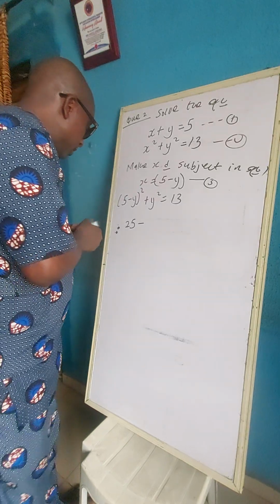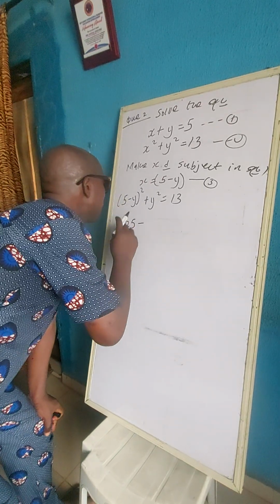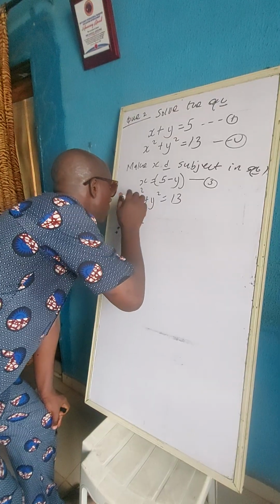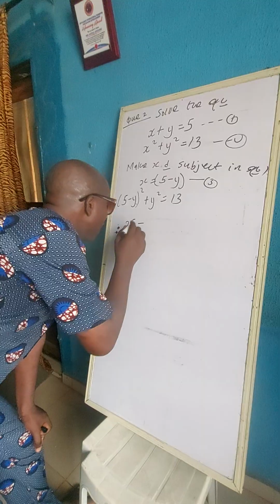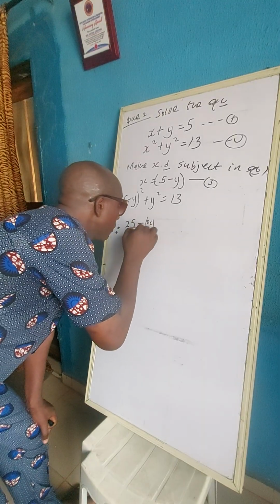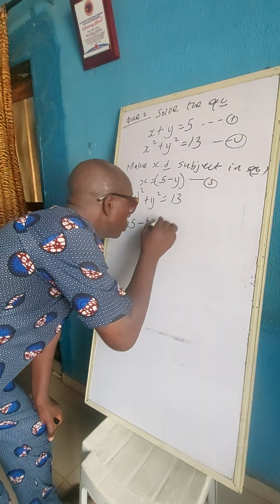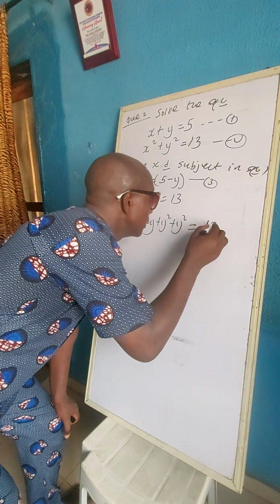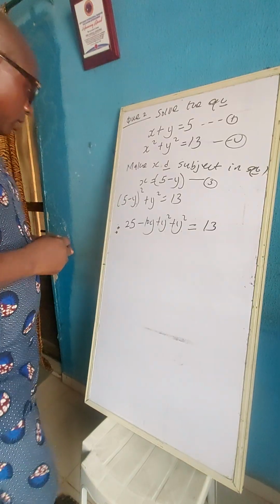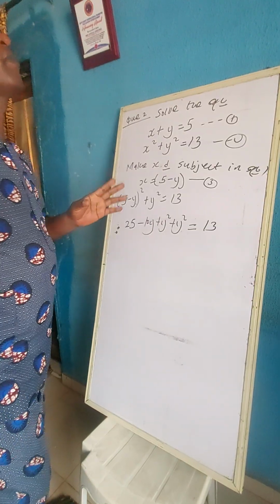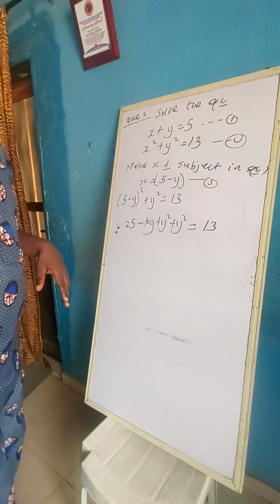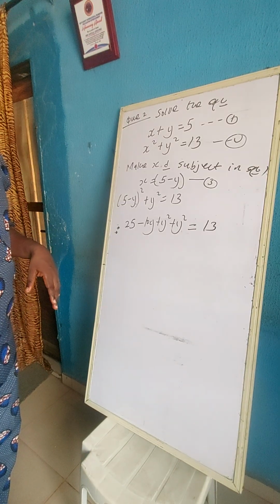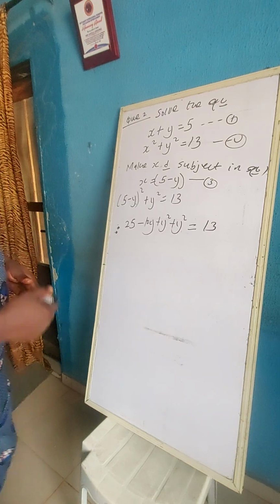So when you expand 5 minus y all squared, it becomes 25 minus 10y plus y squared plus y squared equal to 13. Do I get it? Yes. 5 times 5, 25. That's about that.